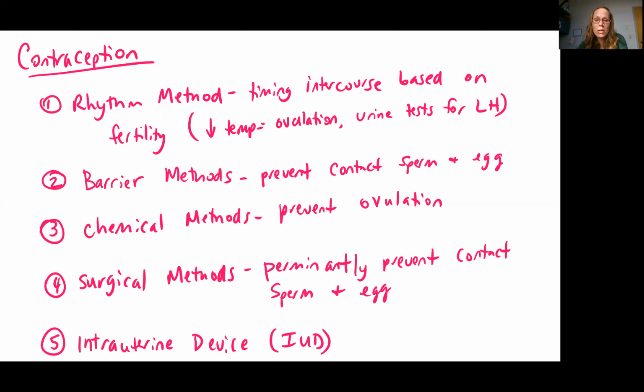Surgical techniques would be pretty much clipping, cutting, and cauterizing either a uterine tube in females or the ductus deferens or vas deferens in males. Surgical methods are also preventing the contact of sperm and egg, but this is going to be a permanent sort of sterilization technique.